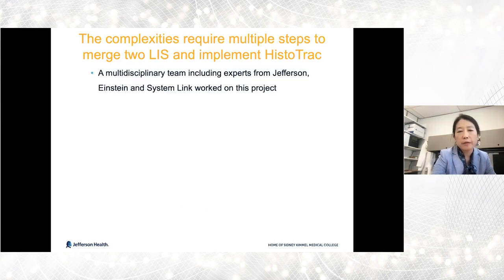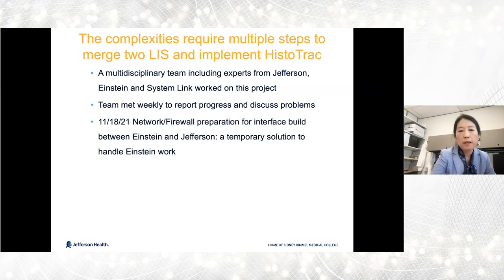First, we had to form a team. This team includes experts from Jefferson, Einstein, and SystemLink working on this project. The team met weekly to report progress, and if there was any problem, we would discuss it during the meeting. Initially, Jefferson IT and Einstein IT helped us build a network and a firewall between Einstein and Jefferson.